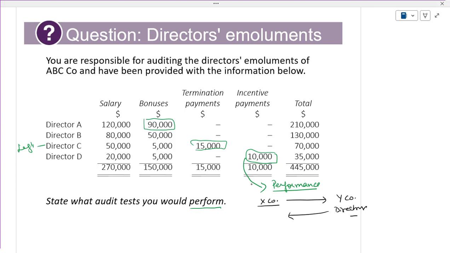Similarly, as a director, you will see how much benefit you get when coming from one company to another. Whatever the new company pays to the newly appointed director, apart from all the related benefits, is called incentive payments. These incentive payments are given to directors who are joining. Termination benefits are given to directors who are leaving the organization.